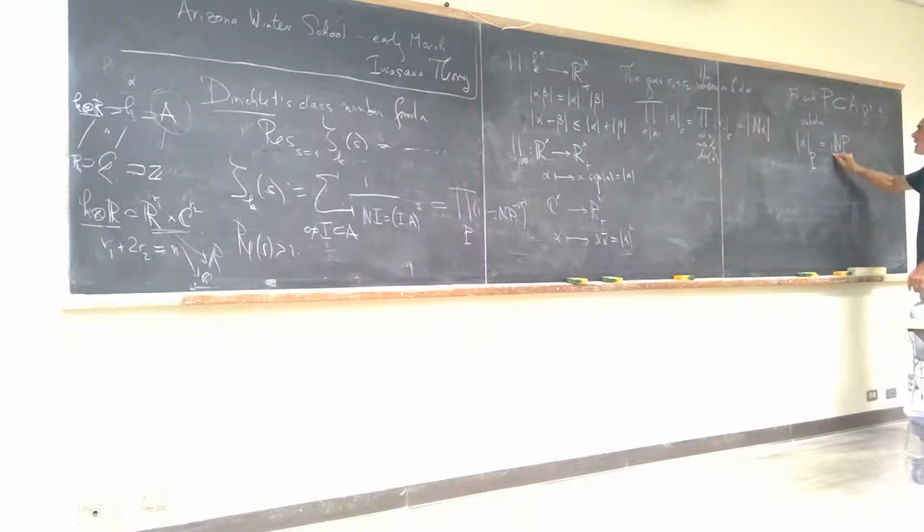You take the index of the ideal and you raise it to the power of the order of P that divides alpha, which is some integer, positive or negative. So remember, the ideal alpha is the product over P of P to the order P of alpha. Every ideal factors. So you see what power of the prime divides it. It could be a fractional ideal, so it could be a negative power.